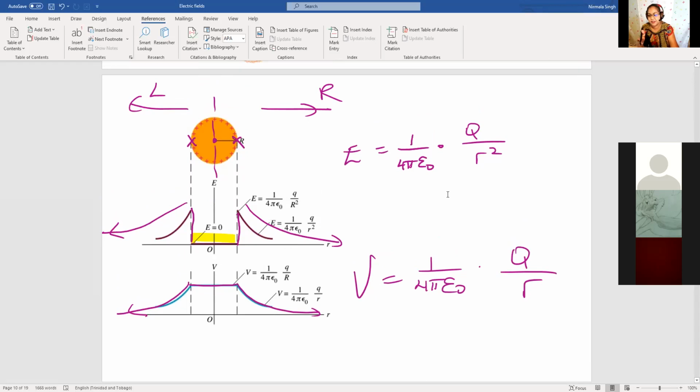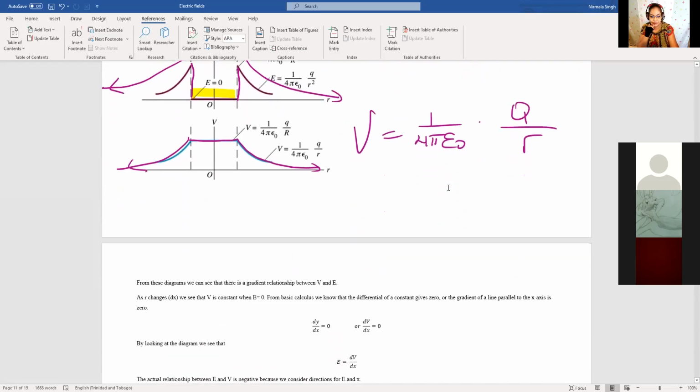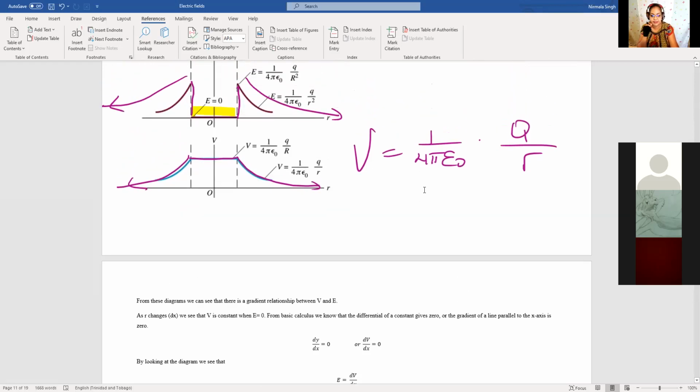Everything here is written already on the screen. I'm just writing it larger. So going on. From these diagrams, we can see that there is a gradient relationship between V and E. Add maths students, what is the gradient of a line that is parallel to your x-axis?